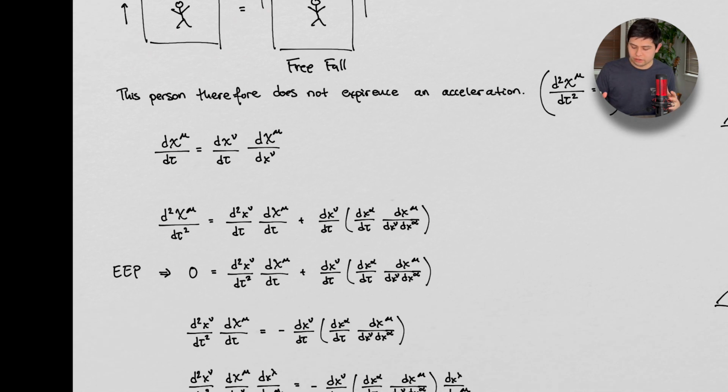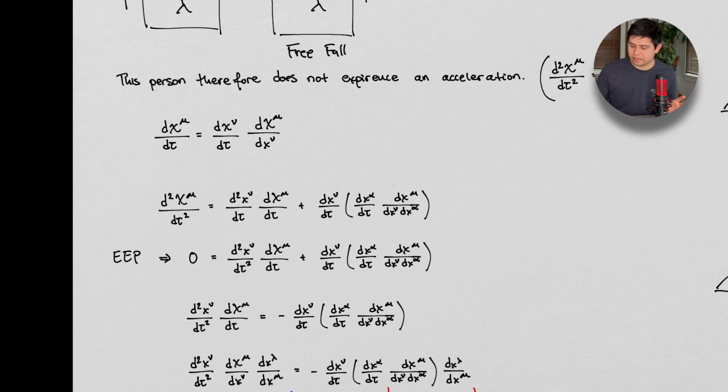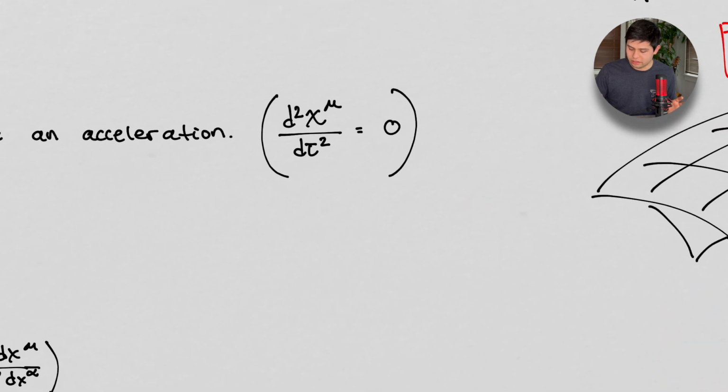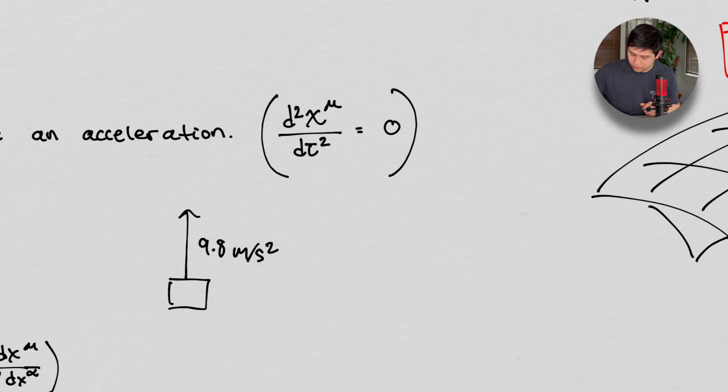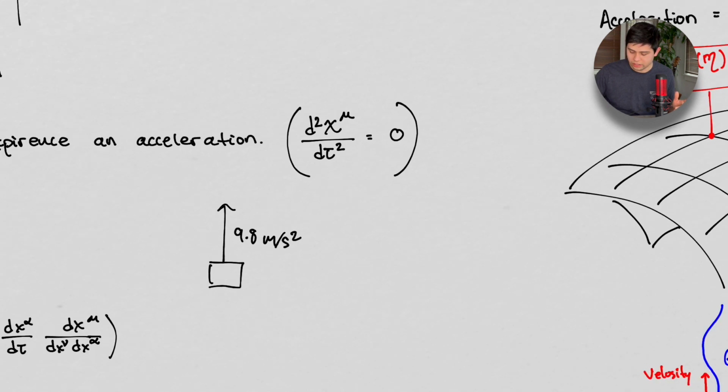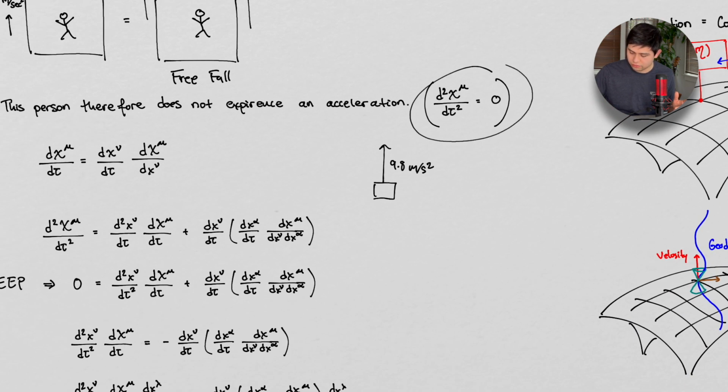So the idea here, again, I feel like I keep on belaboring the point, is that the net acceleration, if you were to move upwards in this elevator at 9.8 meters per second squared, you wouldn't feel anything. Okay, so that's this right here.